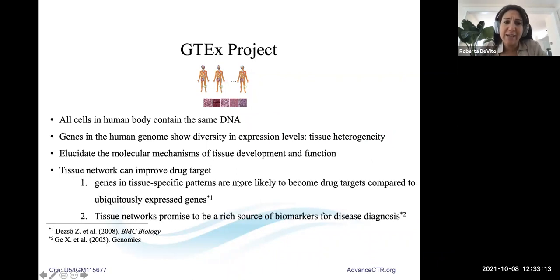Recently, many different papers are discovering that tissue networks and tissue heterogeneity can improve drug targeting. This is because genes with tissue-specific patterns are not expressed uniquely. And second, because tissue networks promise to be a rich source of biomarkers for disease diagnosis and treatment as well.